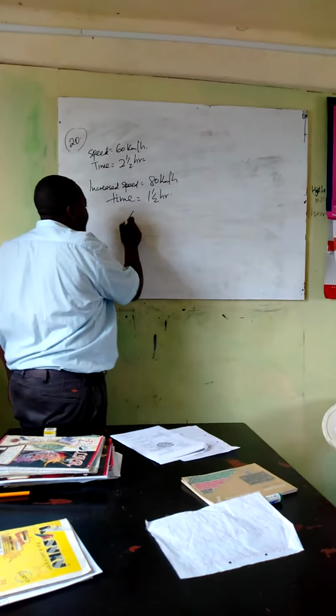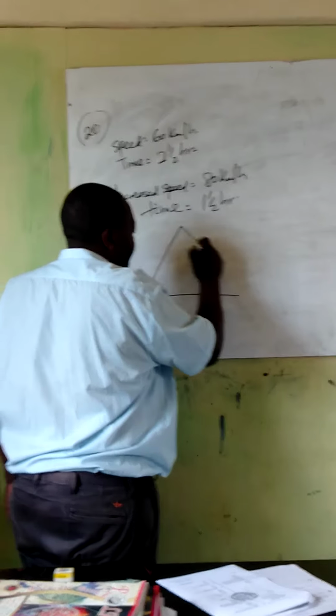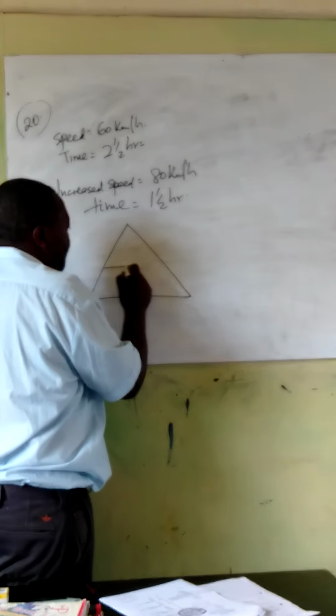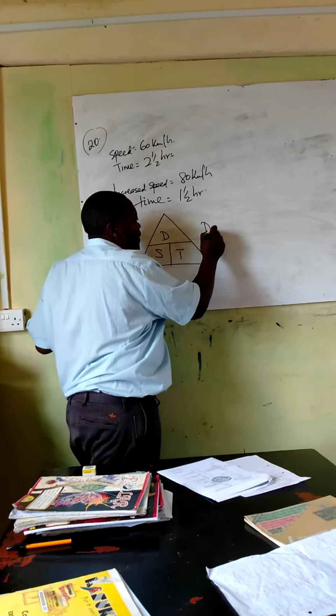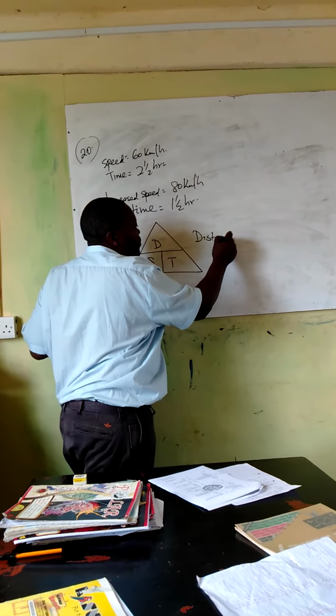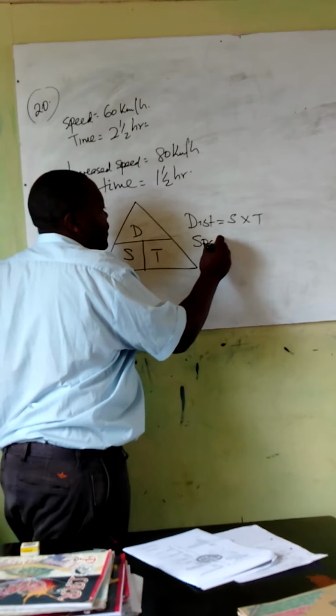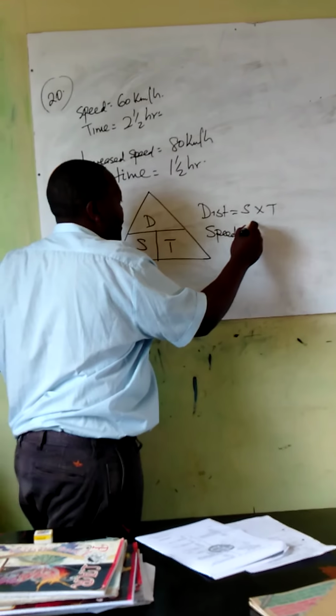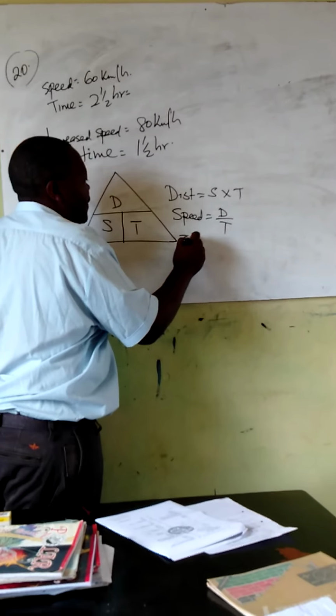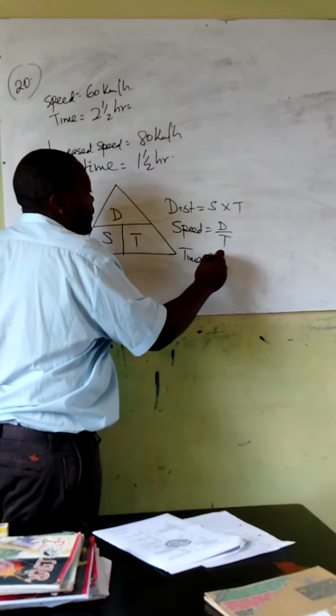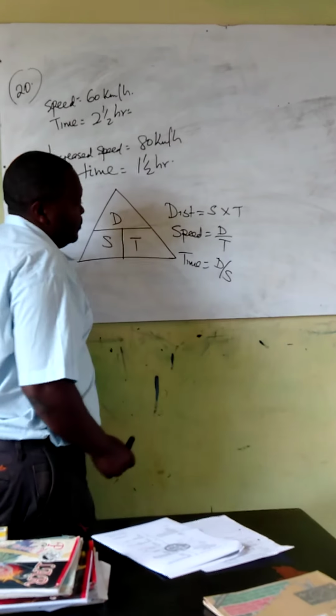And remember this relationship. I'm very sure you know about this relationship where we have D, S and T, that triangle. This means that distance is given by speed times time. Speed is given by distance over time, and time is given by distance over speed.